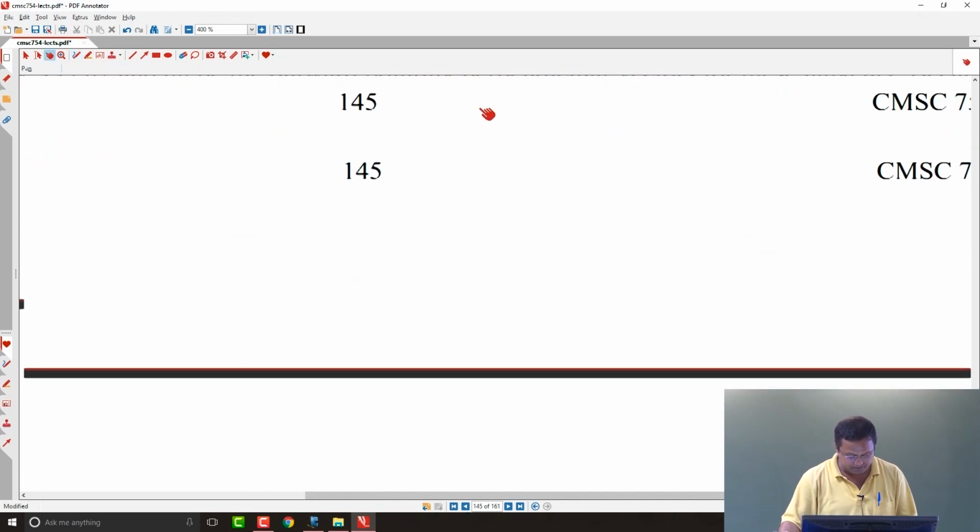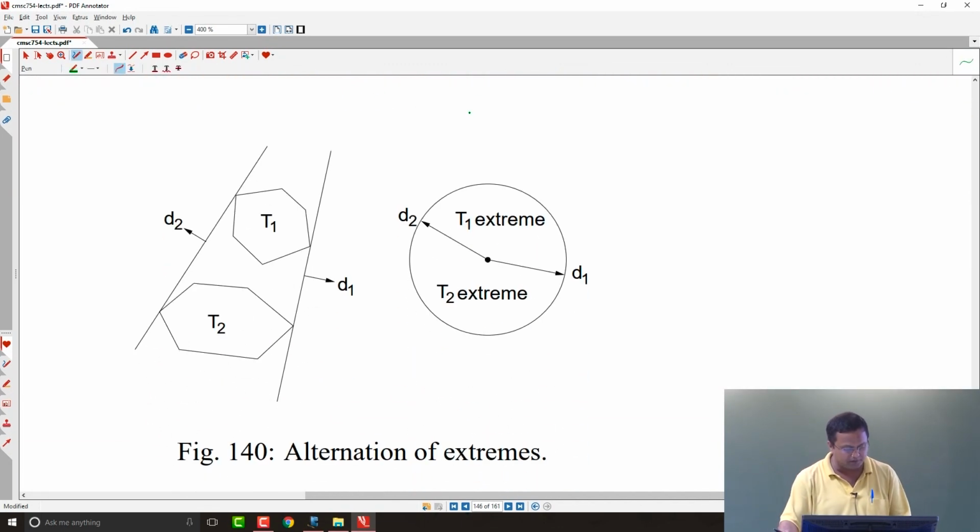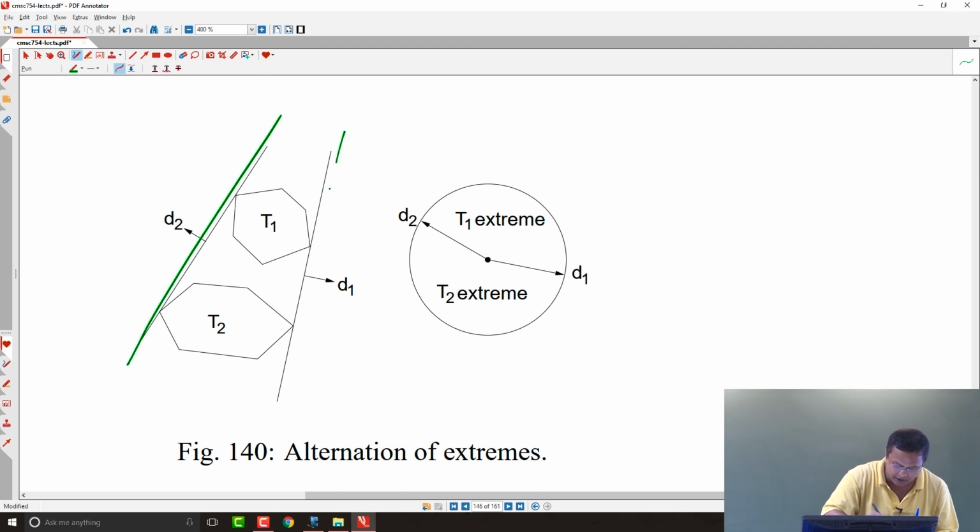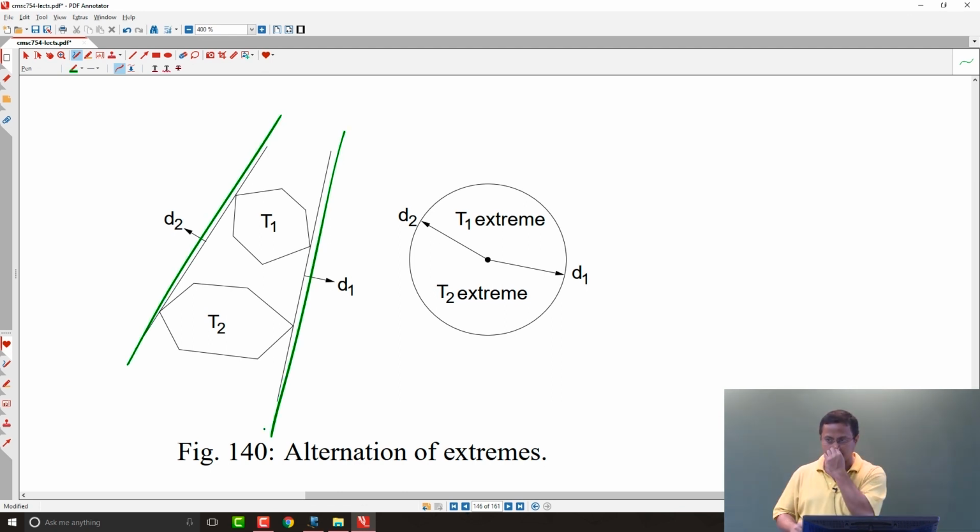How do you prove it? The proof is not very difficult. Think of T1, T2 as disjoint. But think of a common upper envelope tangent, lower envelope tangent, and look at extremum points of T1, T2 in perpendicular directions of these two tangents, fine. So, this is set D2.